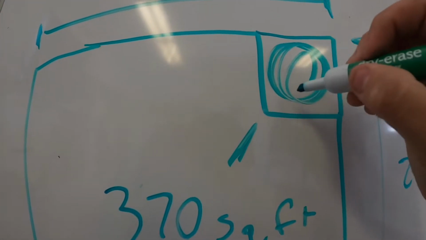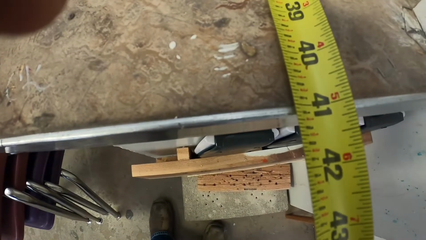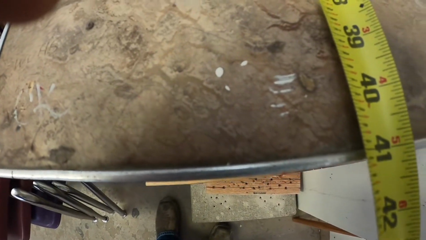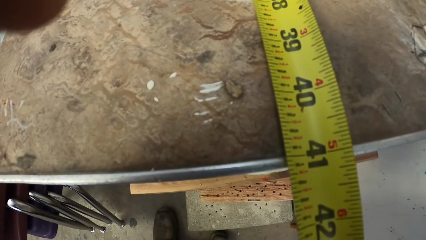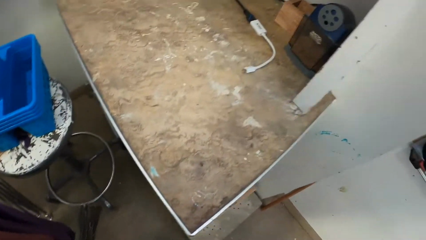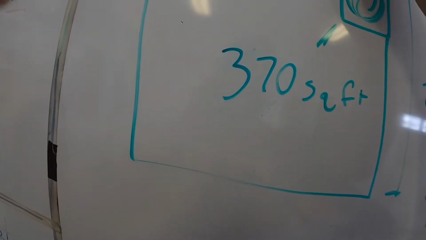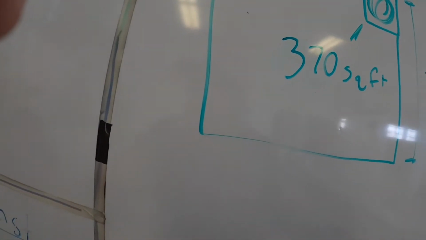We need to find the measurements of that guy. Let's do that right now. Measure the length, and we are at about 41 and an eighth maybe, but there's a little bit of a lip here, so I'm going to measure at 41. So we can put the length at 41 inches.